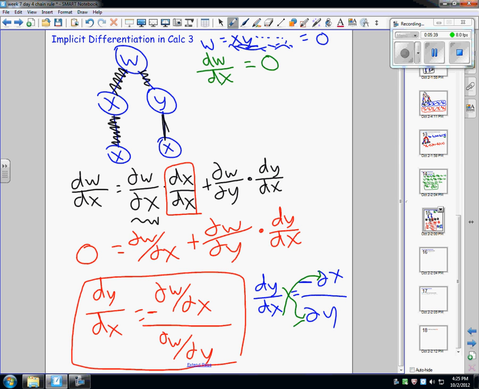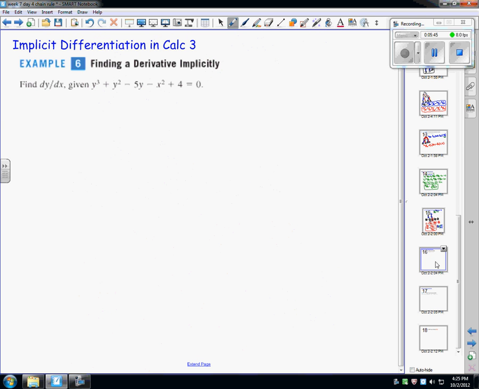And that's always the case with the attached negative. So if I take a look at that, same exact problem. If I want dy dx, it's a negative, and it's the partial of w with x on top, the partial of w with y on bottom.